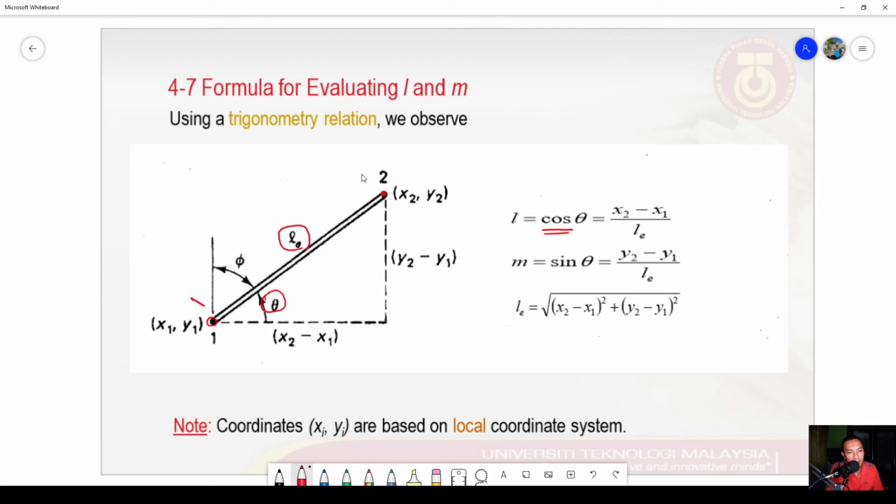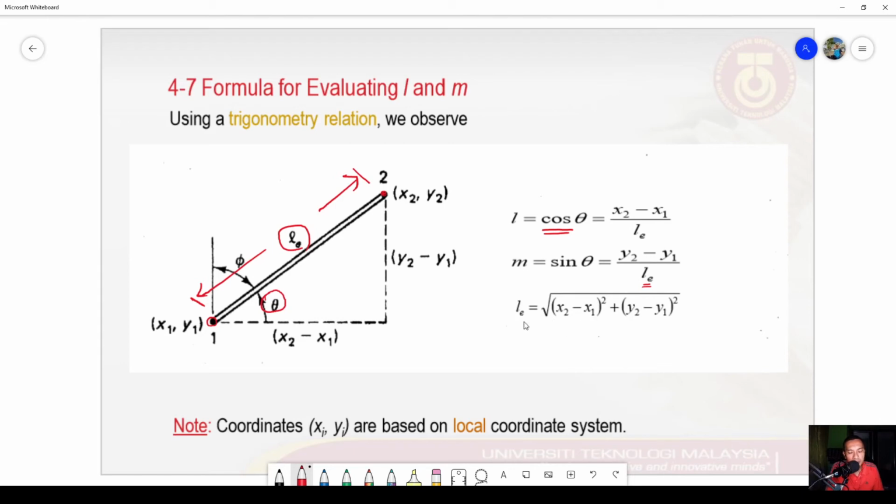So L is actually measured from node number 1 until node number 2. For sine theta, we take the vertical distance of our element, then divide by the total length of our element itself.